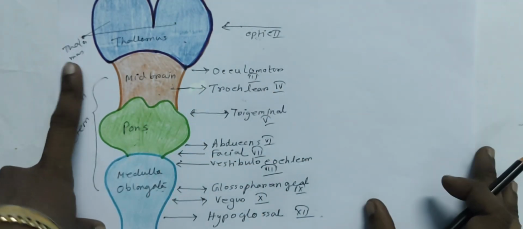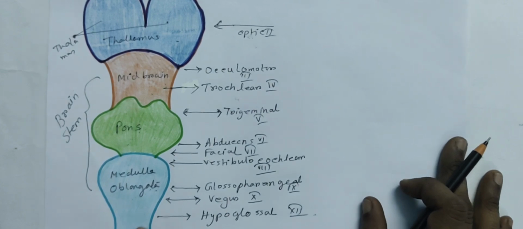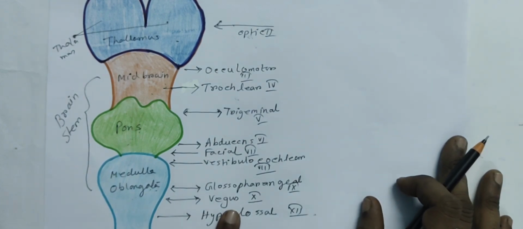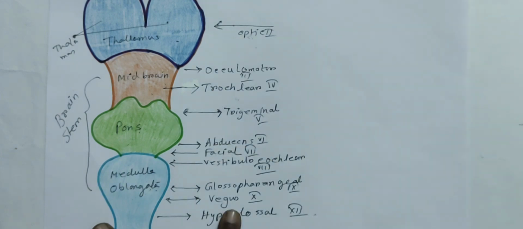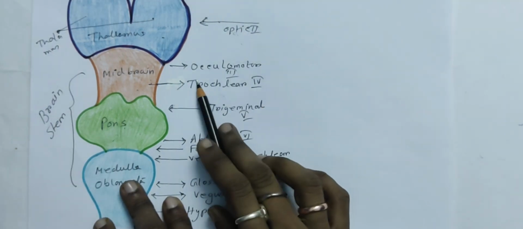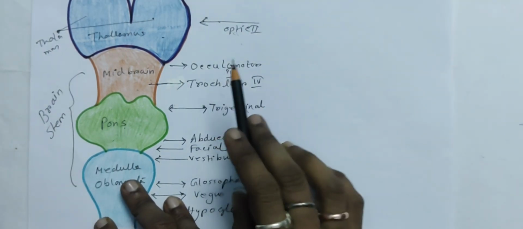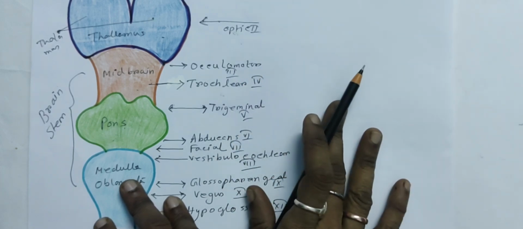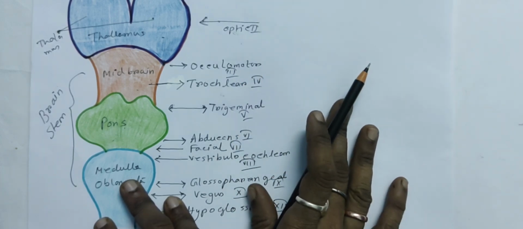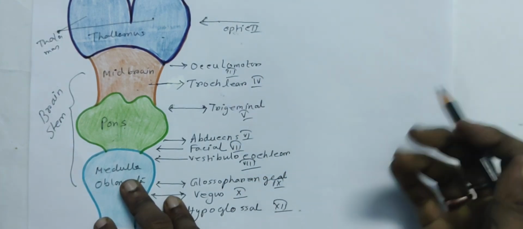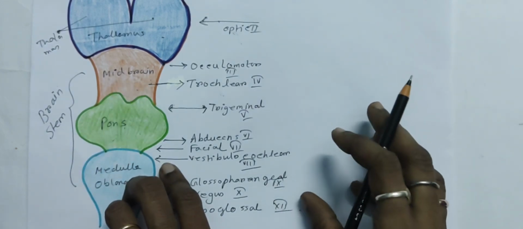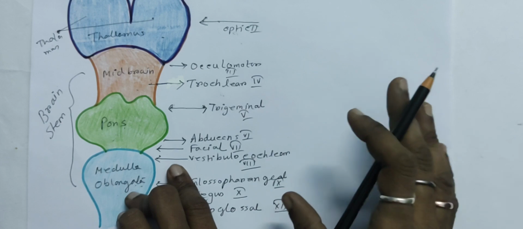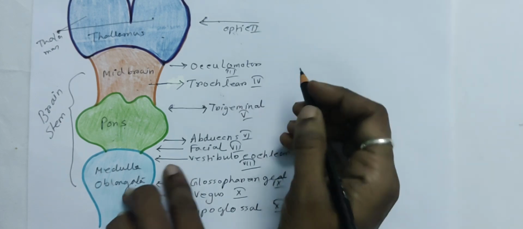Okay, now come to the functions. First there is the midbrain. Midbrain plays a very important role in reflexes associated with the vision.